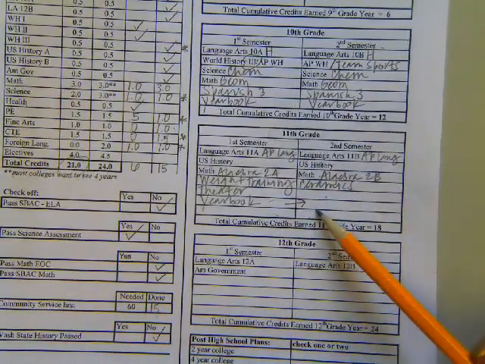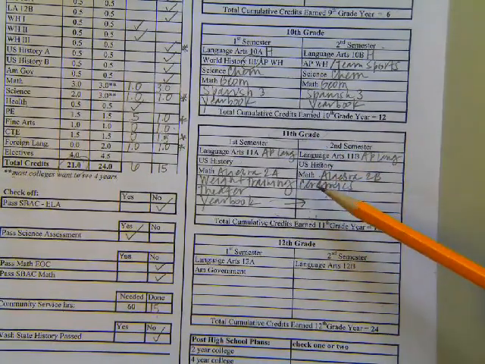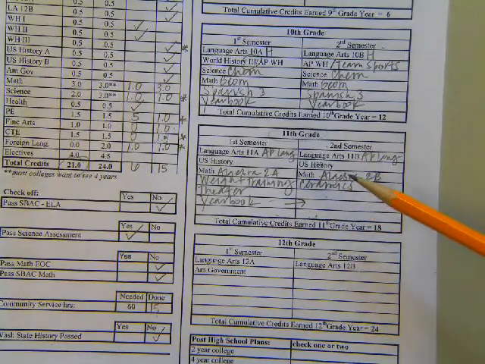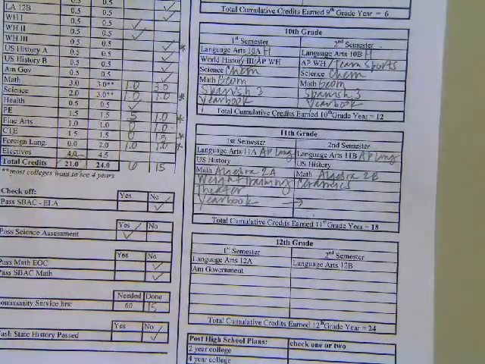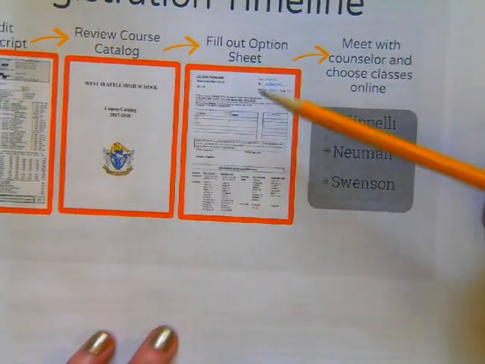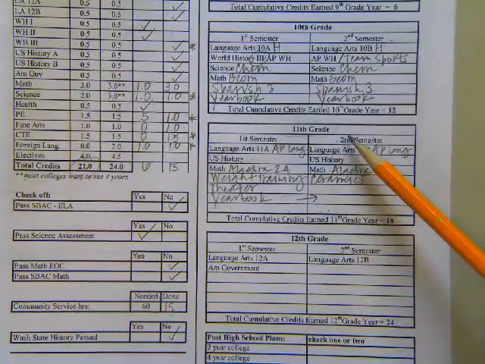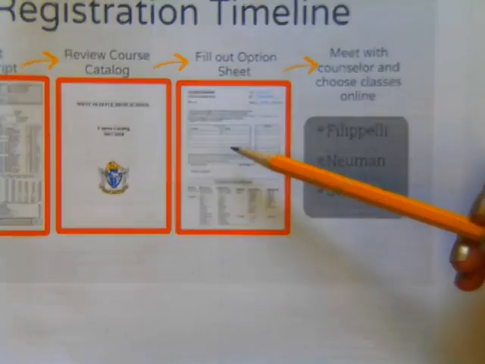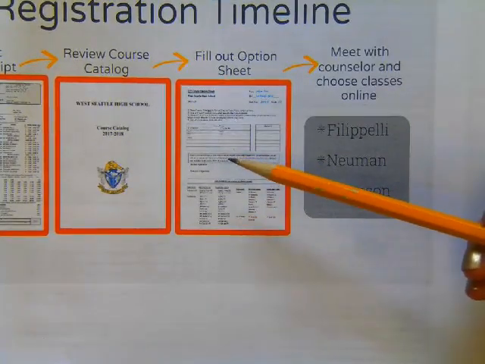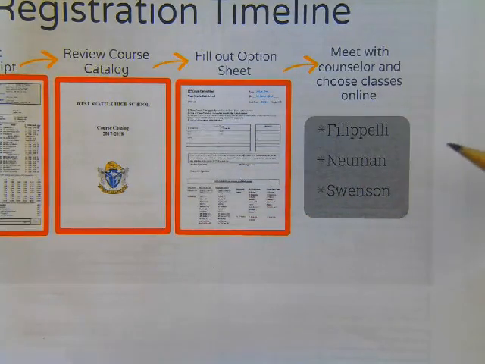So it's okay if you don't leave today with everything completely planned out, but we do want you guys to have an idea of what classes you want to select, because on Thursday, when you get your option sheets, you are basically going to plug in everything that we've written down here onto your option sheet. And then you guys will need to take that home and have a parent sign and bring that back in time for your last appointment starting February 14th.